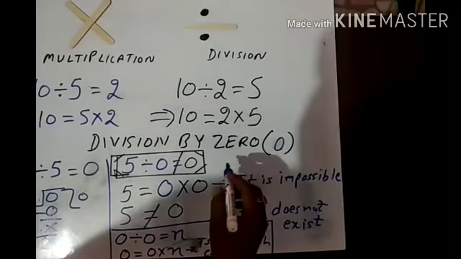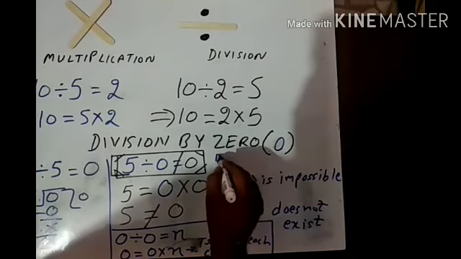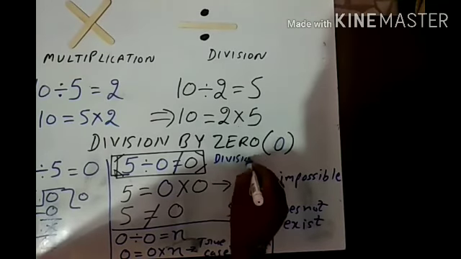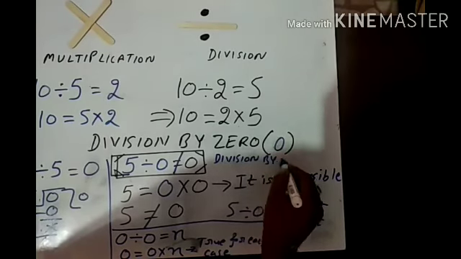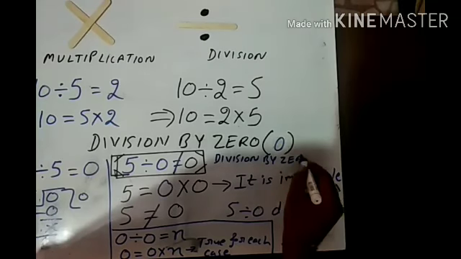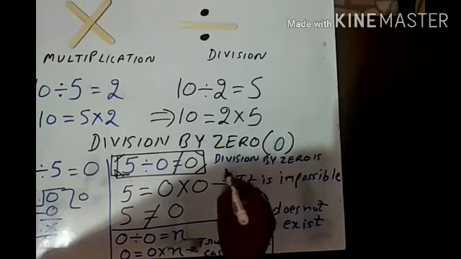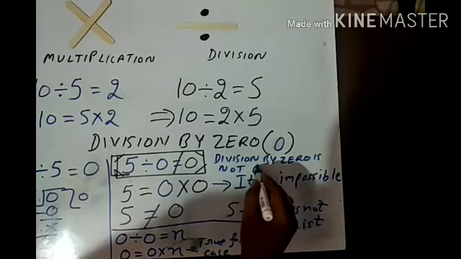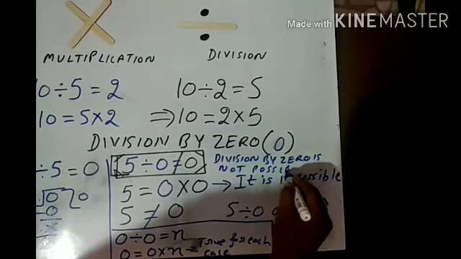So the final result is division by 0 is not possible.